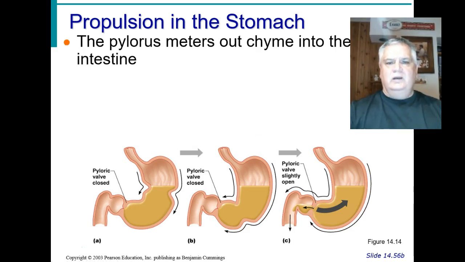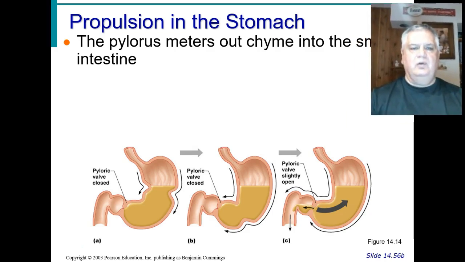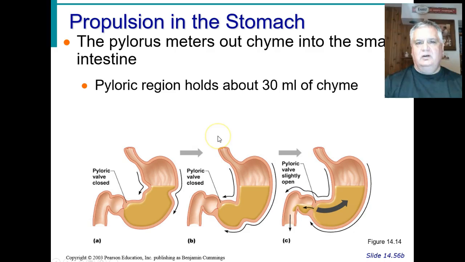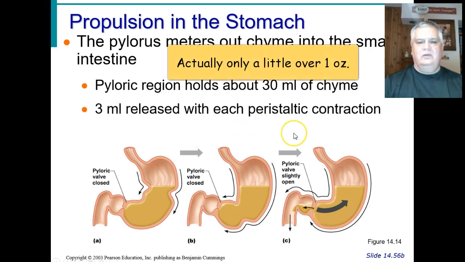So how much chyme actually comes out of the stomach at any one time? Well, the pylorus is responsible for controlling or metering out the amount of chyme that enters the small intestine at once. The pyloric region itself can actually hold about 30 milliliters of chyme. That's just a few ounces.